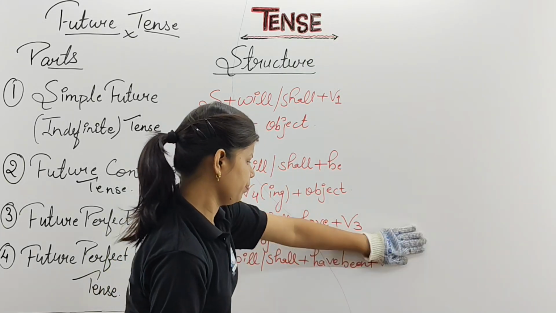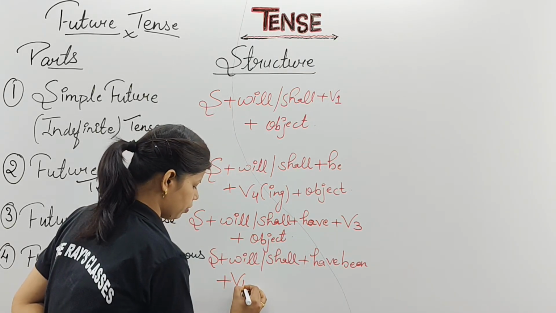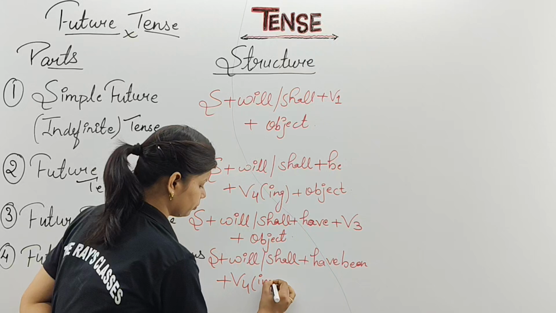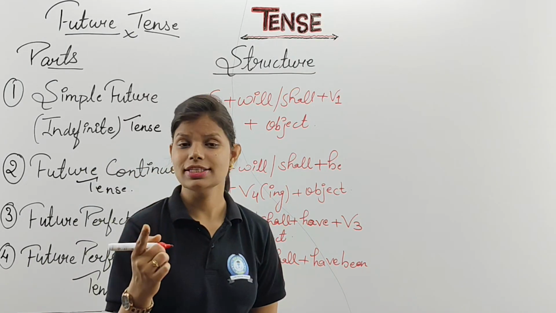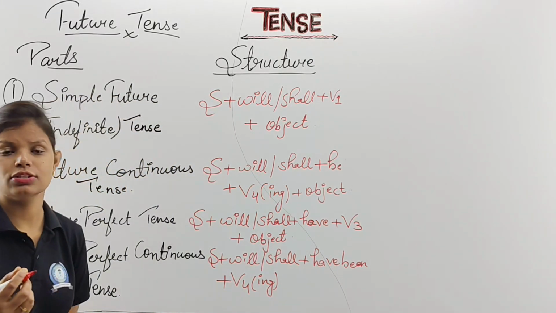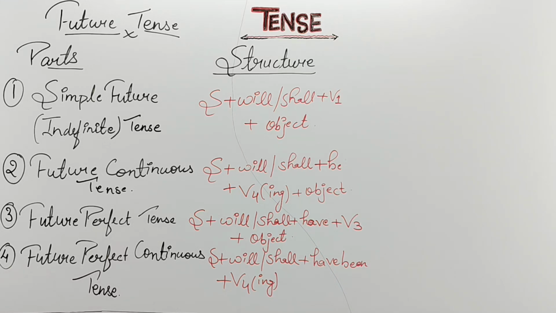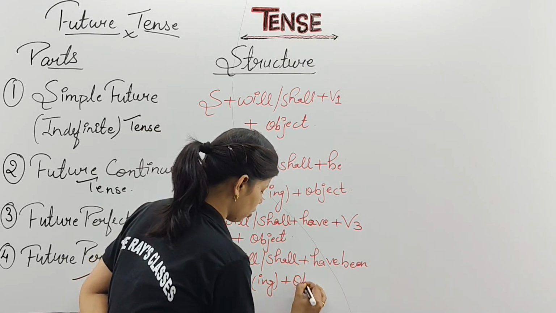Clear? Plus the verb's fourth form. Then one more term we use: since or for. In that case, at last we use the object.